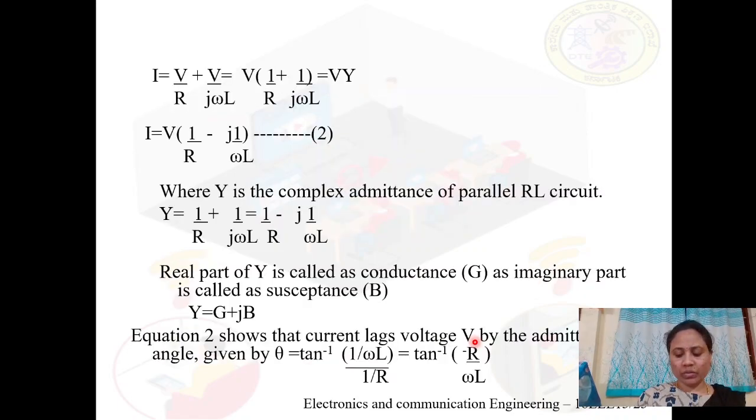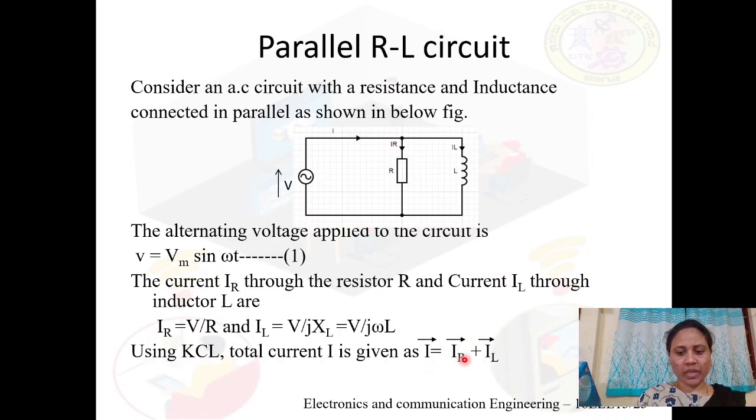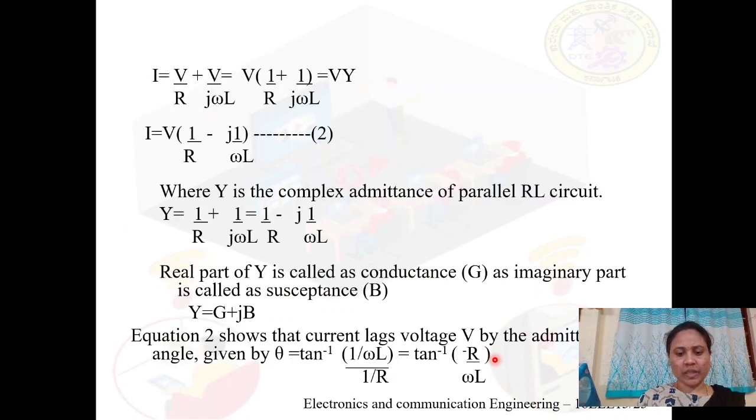Now, by substituting the values of IR and IL, we can write I as V by R plus V by j omega L. Here V is a common parameter, so let us take V common, into 1 by R plus 1 by j omega L, or we can write I as V into Y.